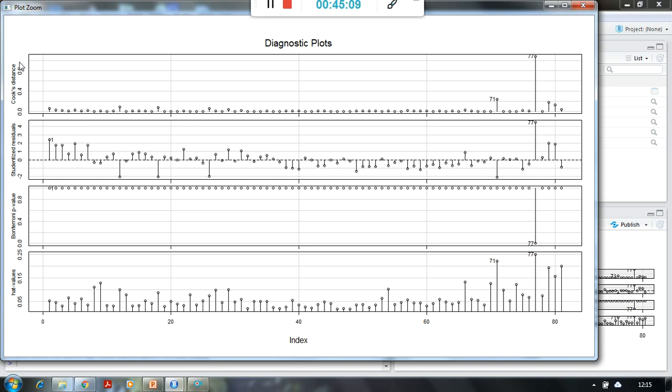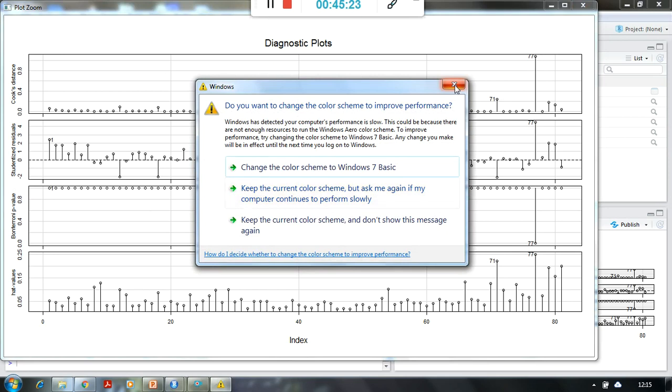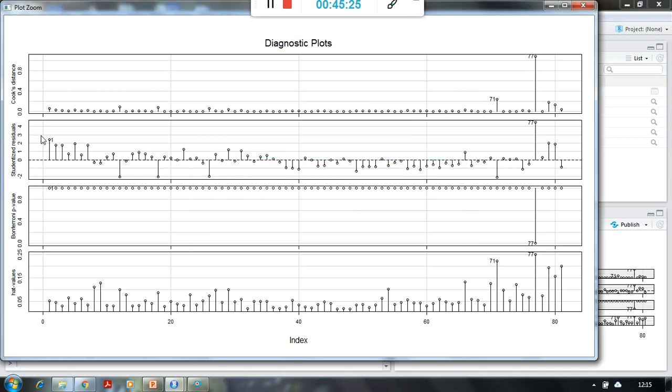They have come up with their different formulas, and all four plots are combined together, and all four of them are suggesting that 71 and 77 are the most influencing observations among all the others, right? Some of them are also saying that observation number 1 is also influencing. So here you can see observation number 1, here also observation number 1. But the most common are 71 and 77.